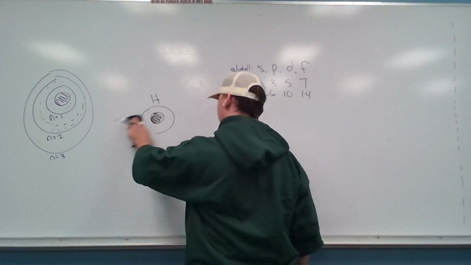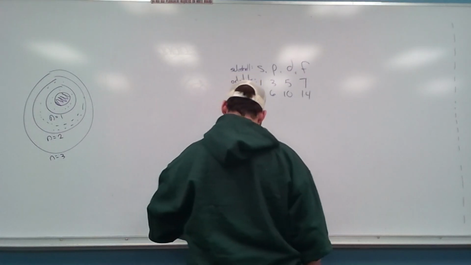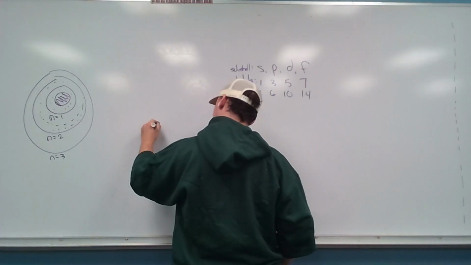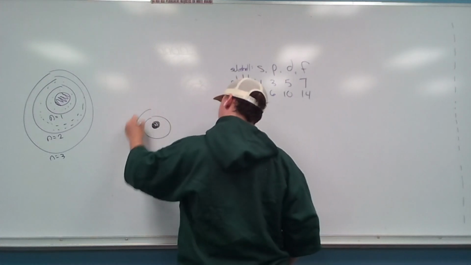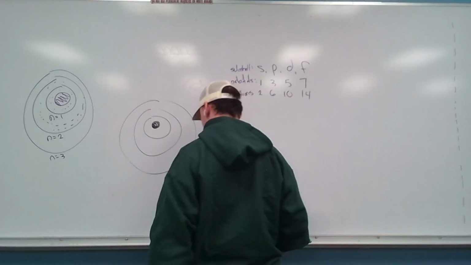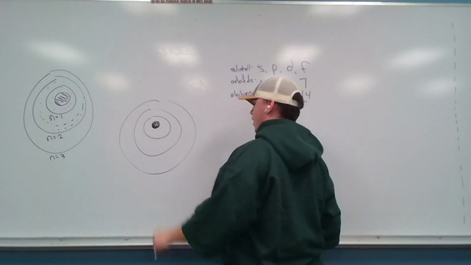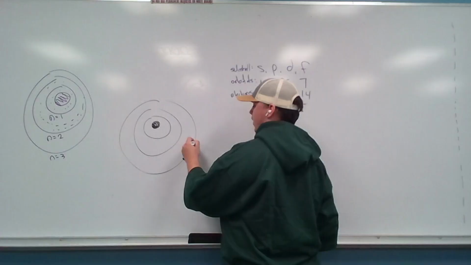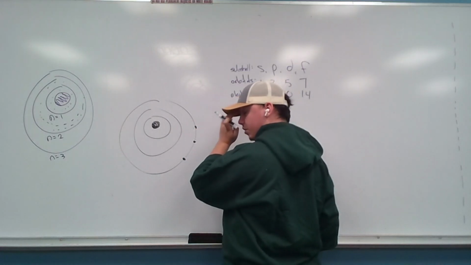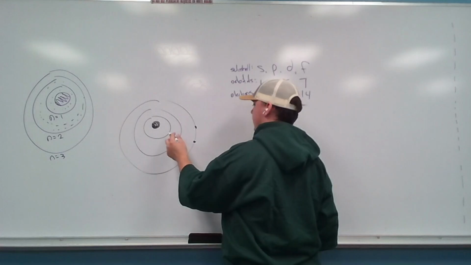When you want to get more complex, let's say I have something bigger. Let's draw the third shell. I think we would actually need a fourth one. But let's say my valence electrons are in this shell. Remember that to fill up, generally the shells below have to fill up first with electrons.